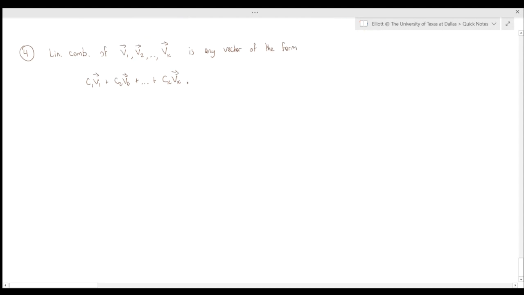So basically a linear combination of some vectors is just a combination of scalar multiplication and addition of those vectors. That's basically all a linear combination is.